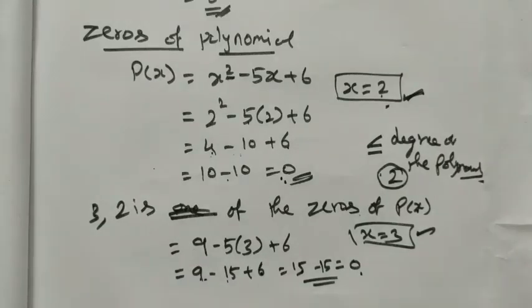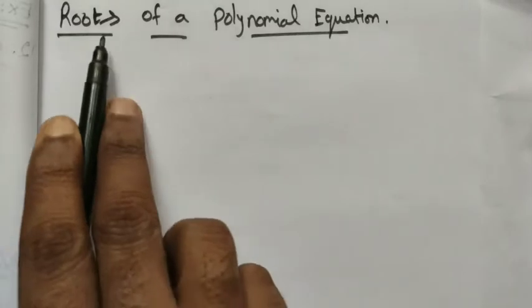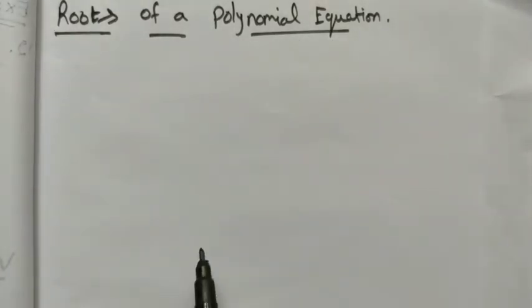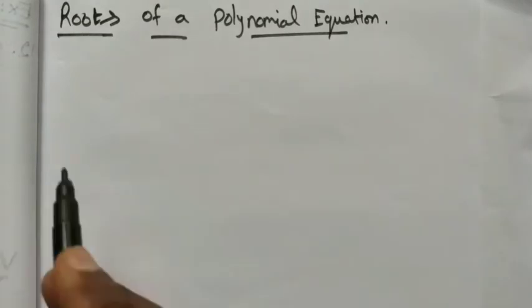Now we see the next topic, the roots of the polynomial. Roots of the polynomial is nothing but the zero of the polynomial. Those 3 and 2 are the zeros of the polynomial p of x, right? Here roots of the polynomial equation. I already told you 2 and 3 are the zeros of the polynomial, right?